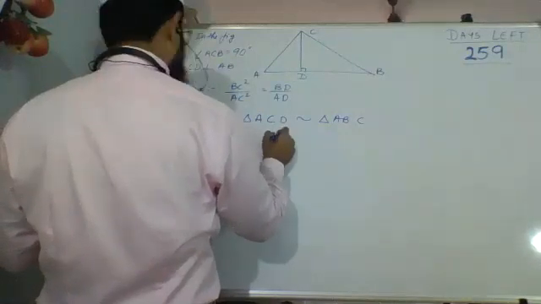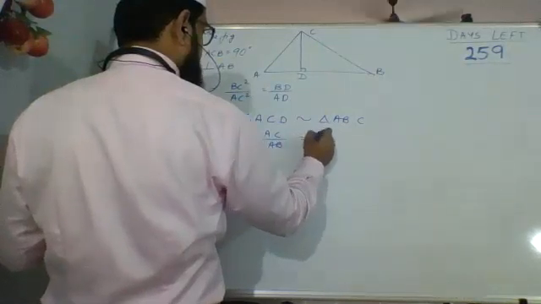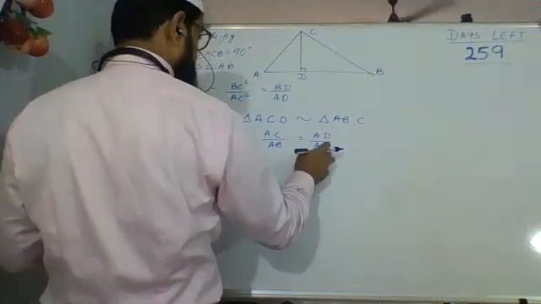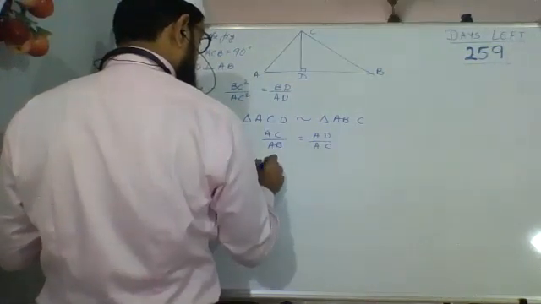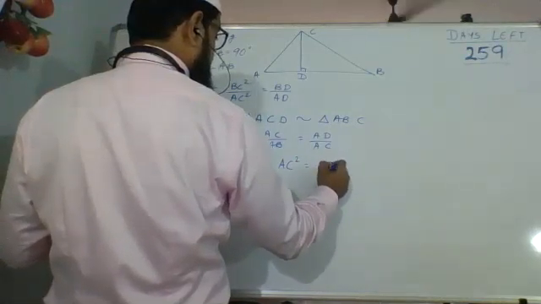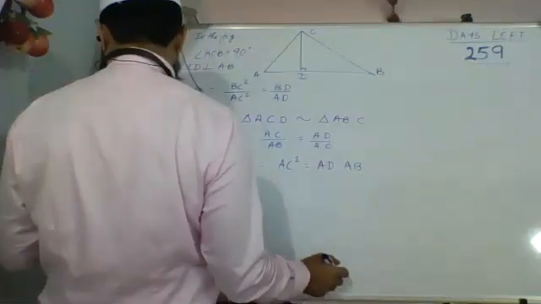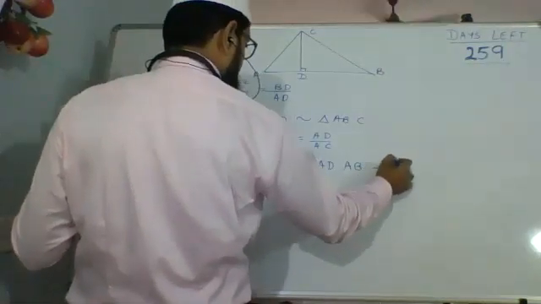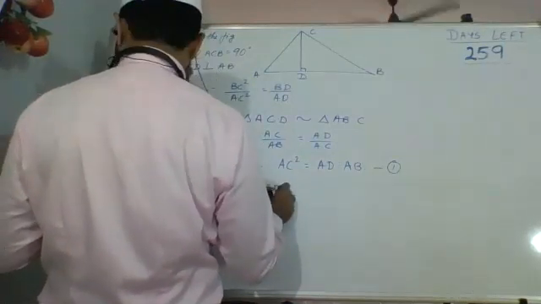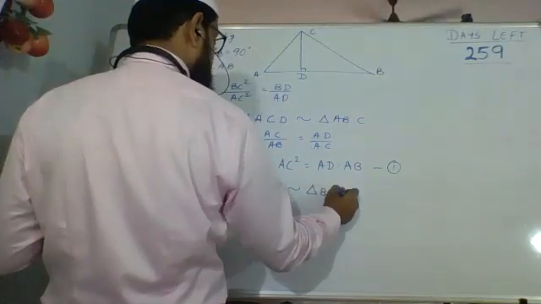Therefore, AC upon AB equals AD upon AC. Bring this AC this side. Therefore, AC square equals AD into AB. Call this 1.